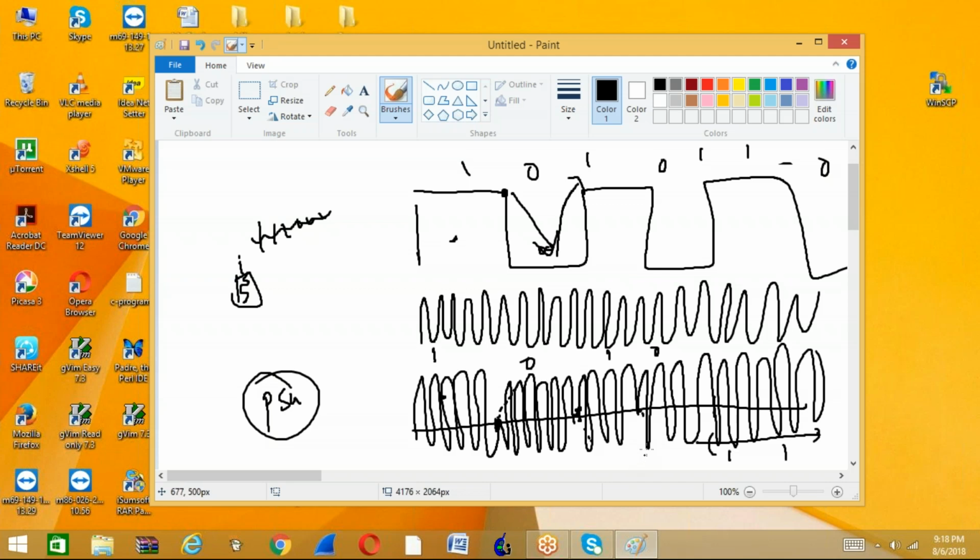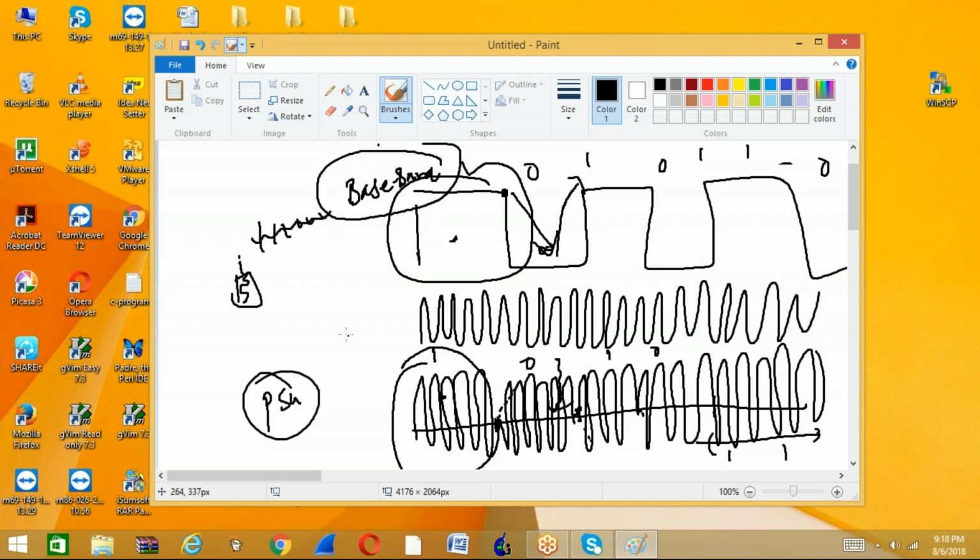The other major benefit is that this was very slow, the frequency was very low in this normal signal, but now it is moving at a very high frequency. So very low losses will take place in this segment. This is called a baseband segment, a baseband signal.